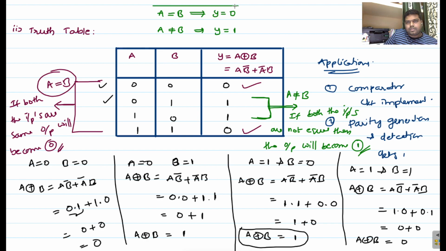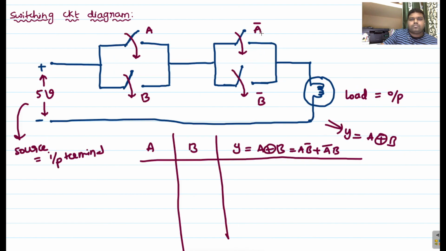Next, the switching circuit diagram. Say if you take 0 0, and here also we have 4 conditions, 0 1, 1 0, 1 1. So these A and B switches are considered as inputs here, and the output Y equals A B bar plus A bar B.